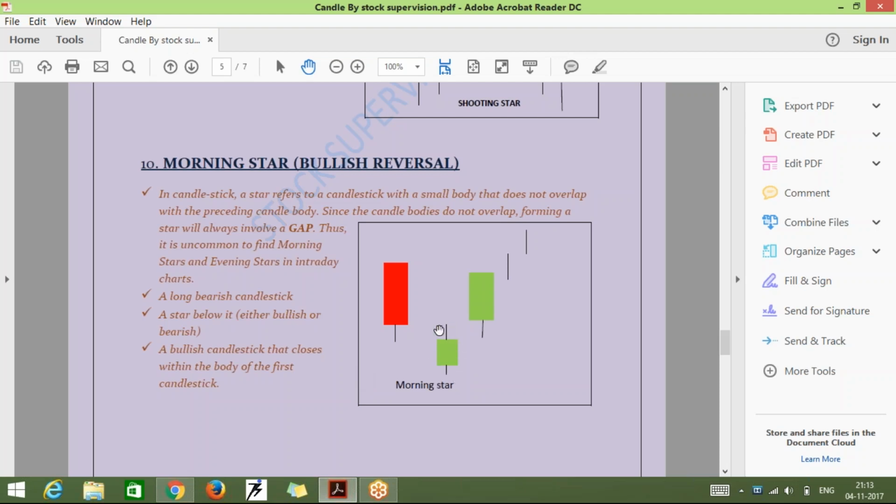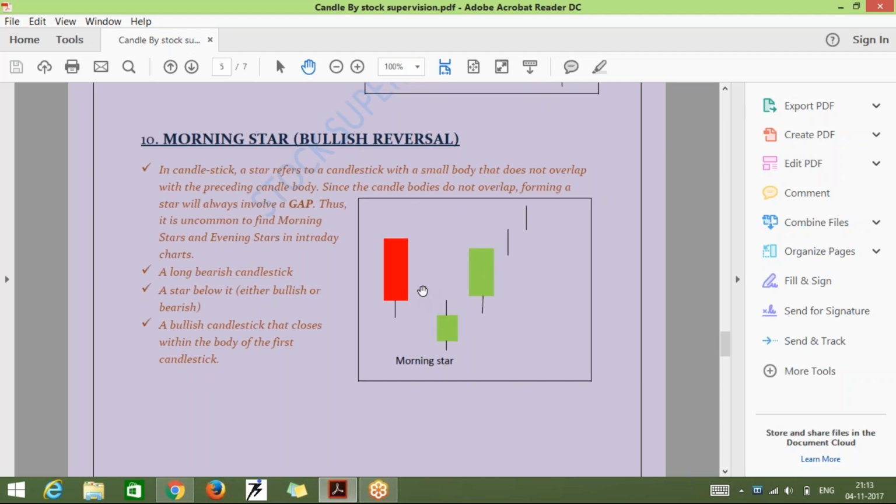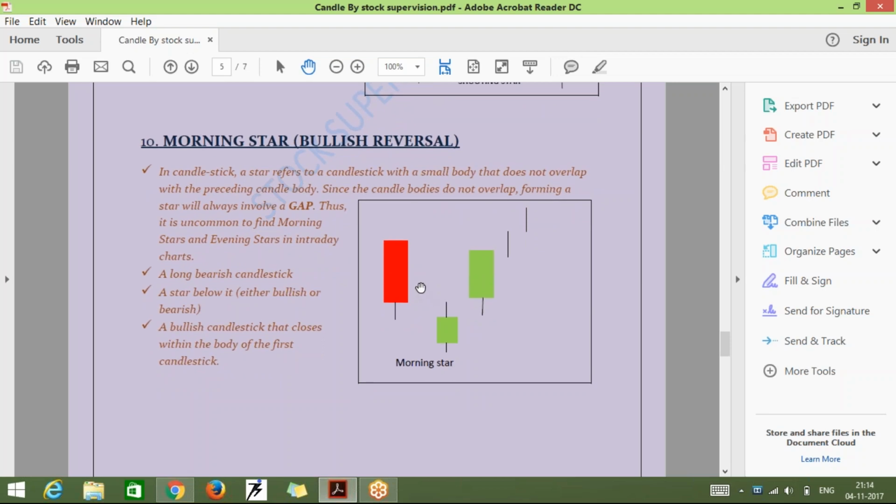This is considered to be the star, and this should not overlap. This candle should not be formed within the first candle. It should gap down to this level. See, the close was at this level, and it gapped down to almost this level. And the third is the bullish candlestick that closes within the body of the first candle.